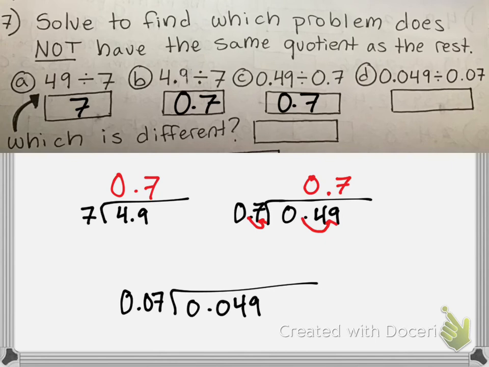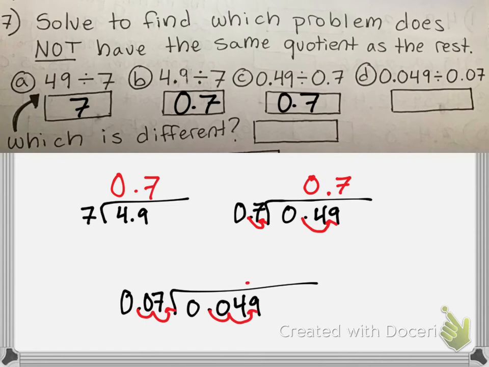For my last one, Vahe, do I have to move my decimal for this one? The bottom one. Yeah. How many times? 2 times. Perfect, 1, 2, so on the inside, 1, 2. Bring my decimal straight up.